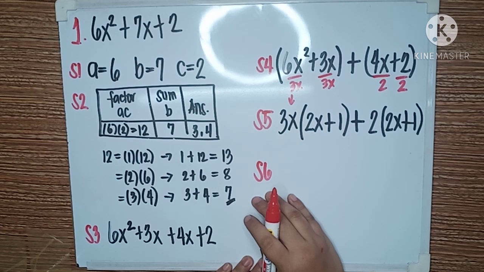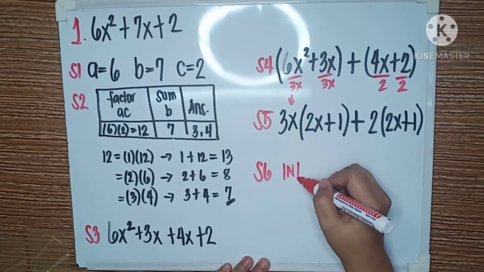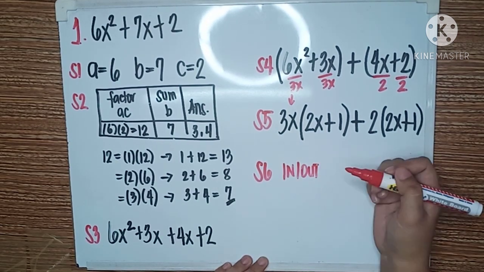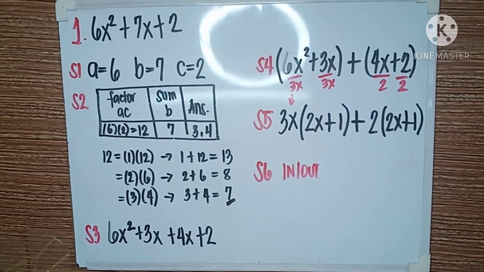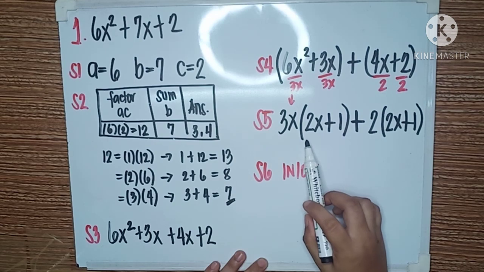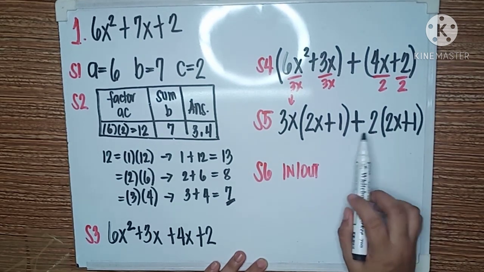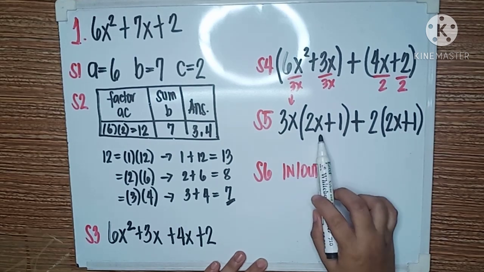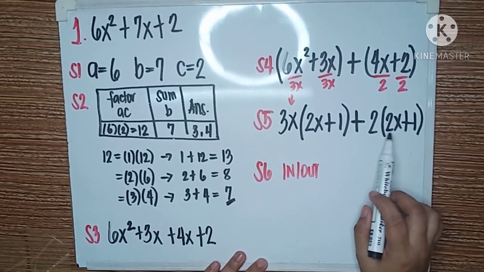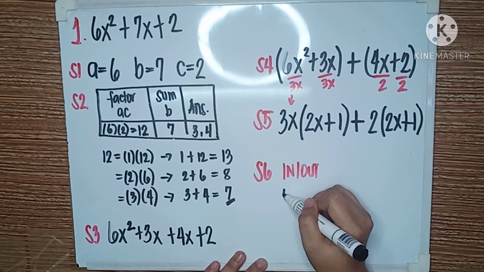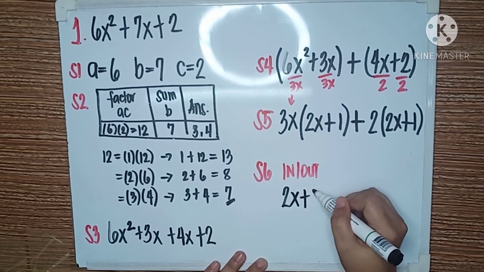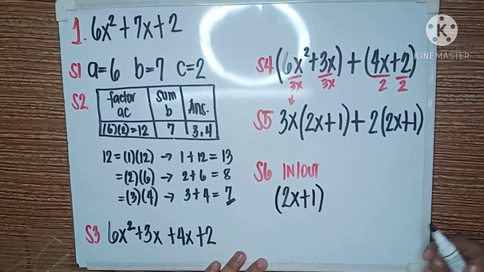For step 6, ang keyword ko dito ay in and out. Para mas matandaan ng aking mga naging estudyante. In meaning inside of the parentheses. So kung papansinin, pareho yung nasa loob ng parentheses. So kokopyahin lang natin yan. 2x plus 1. Isa na lang. Okay?